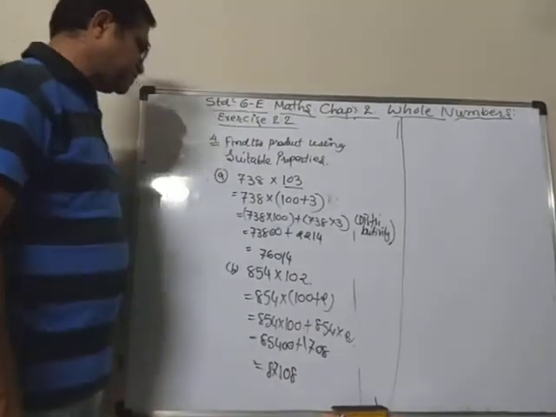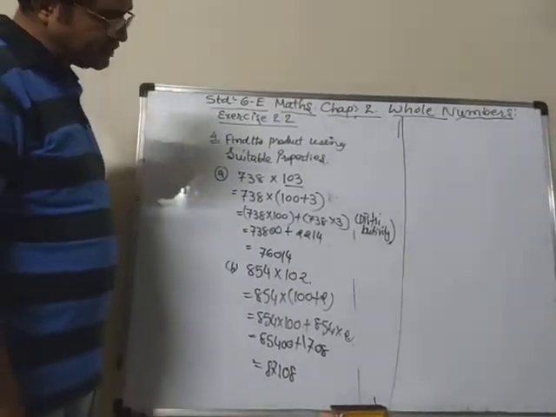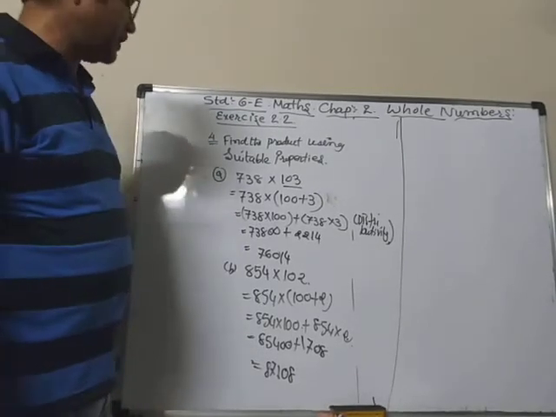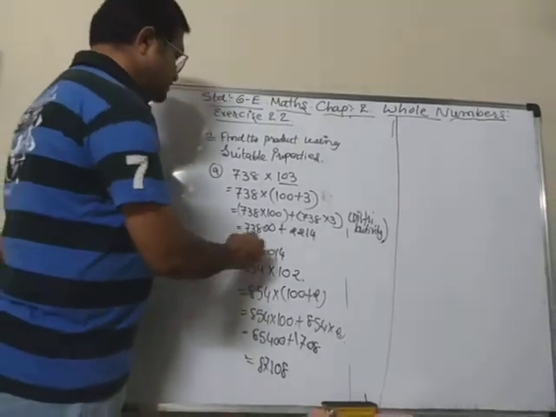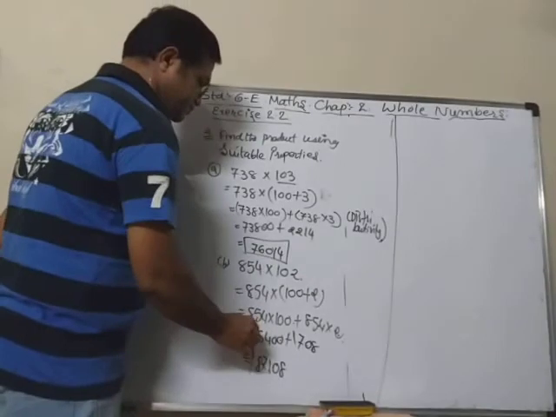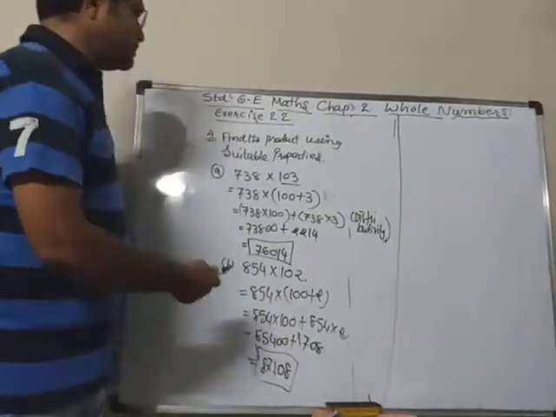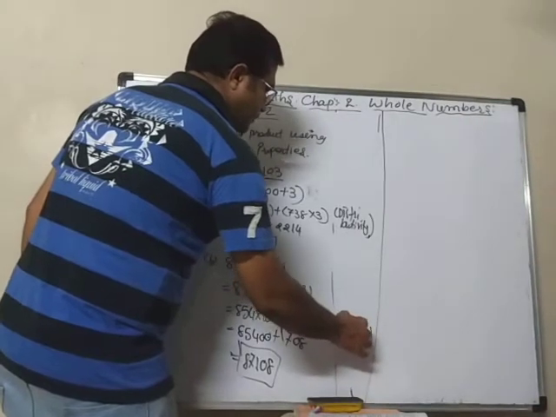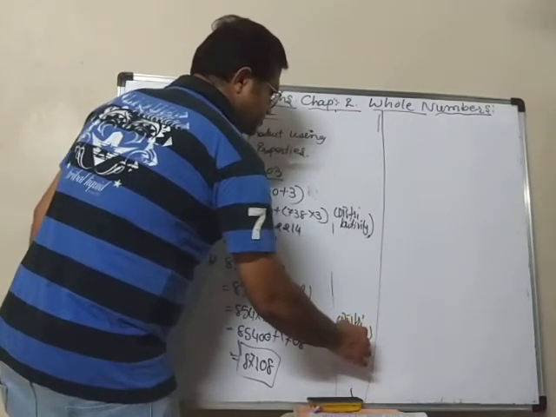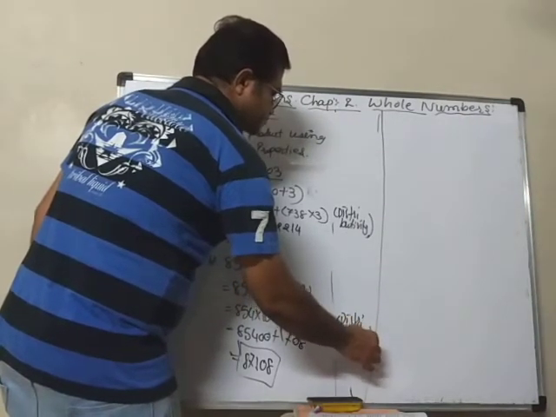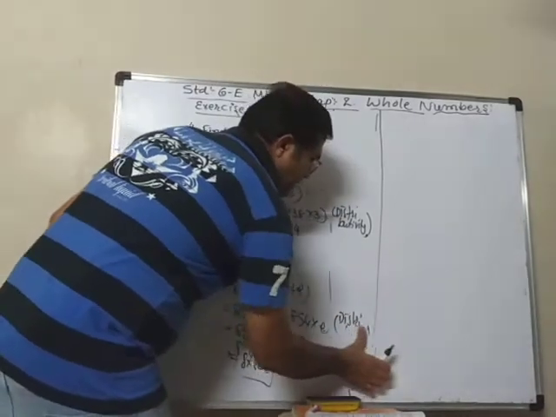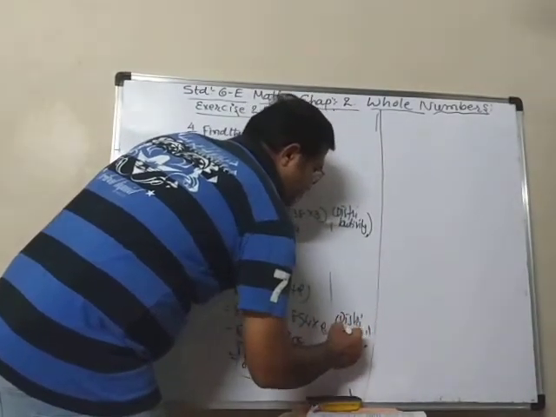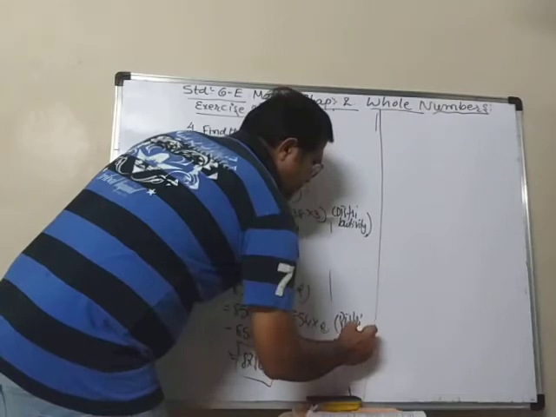So 87,108. That is your second answer of the sum. Here also we use the same thing, distributive property or distributivity. So you have to mention which property we have used.